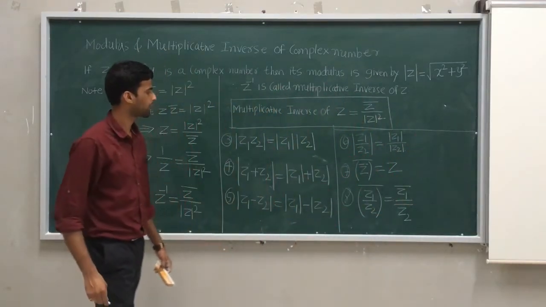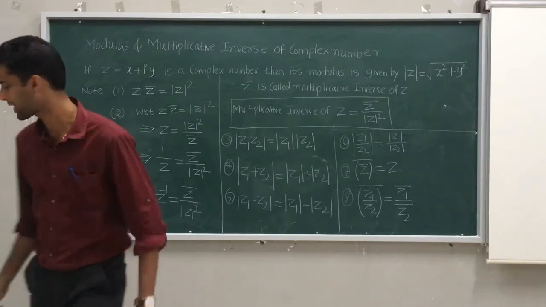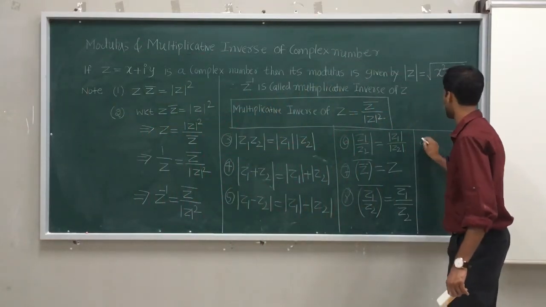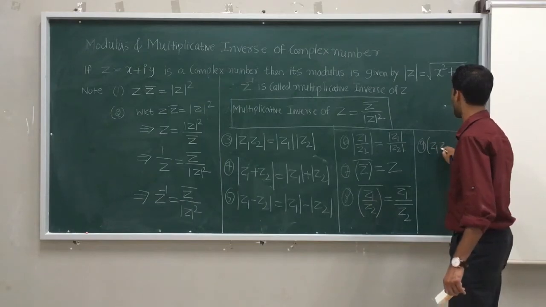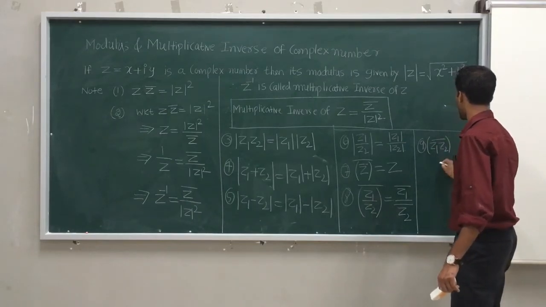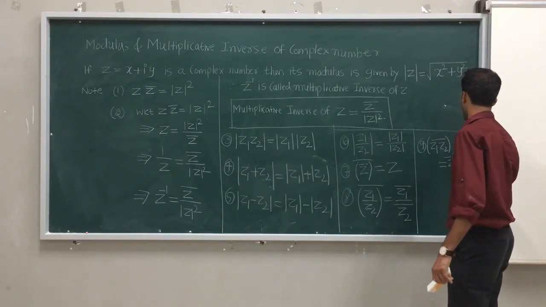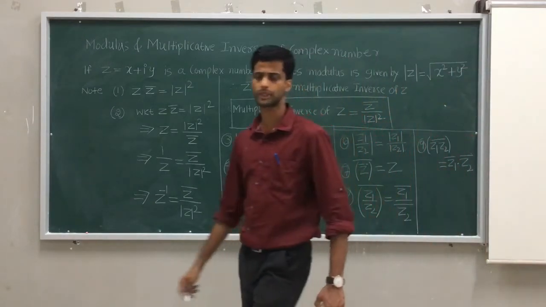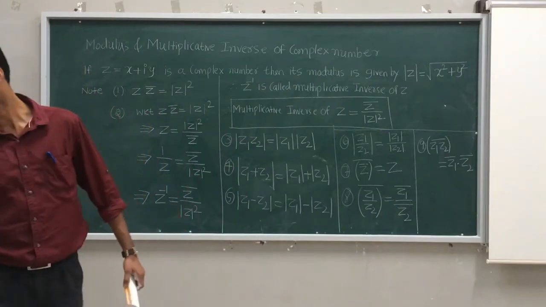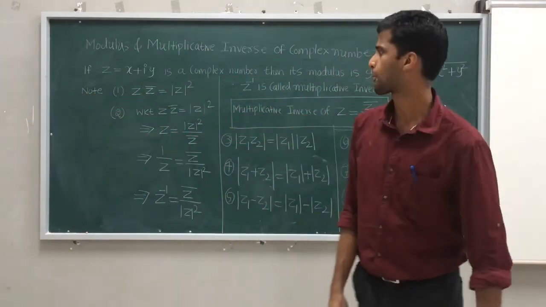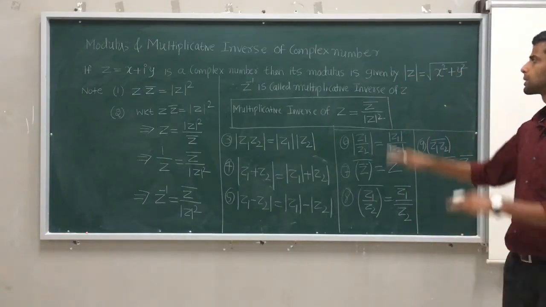Okay, these are the few properties which I want to give you, and one more property I added: the conjugate of z1 into z2 is equal to z1 bar into z2 bar. So with this idea, I will proceed for the problems based on this.